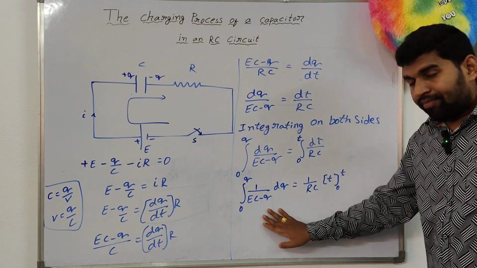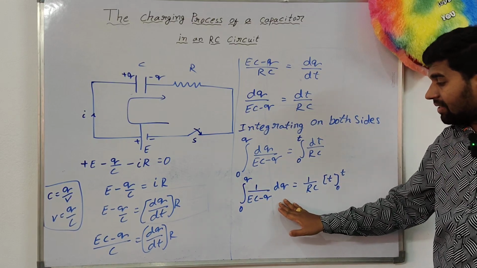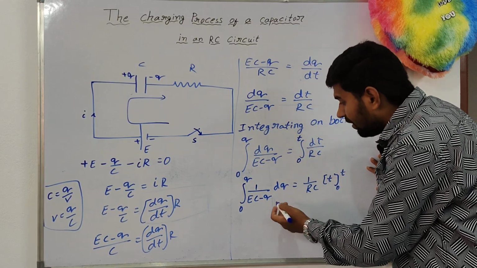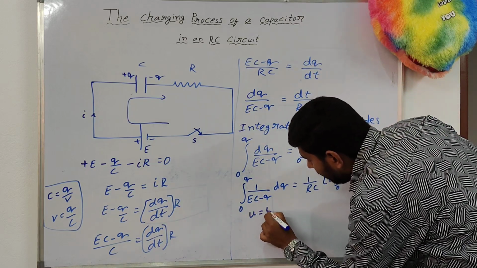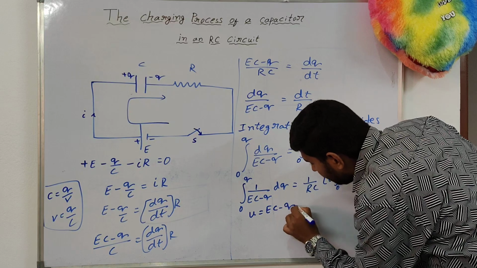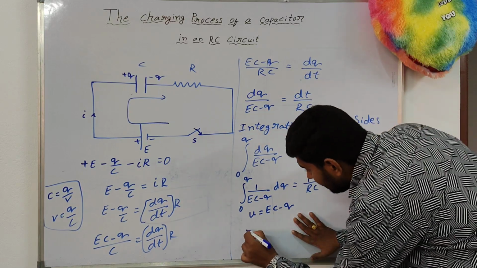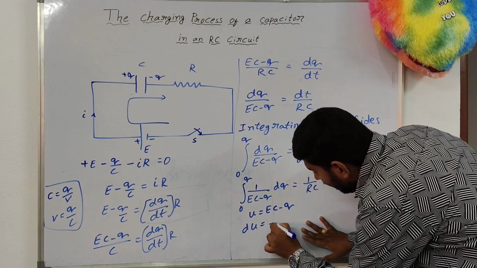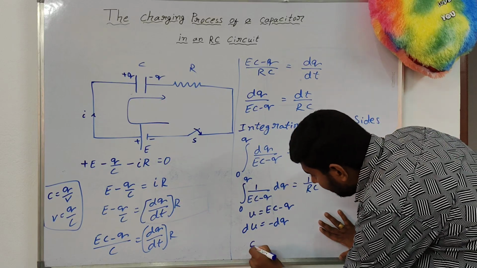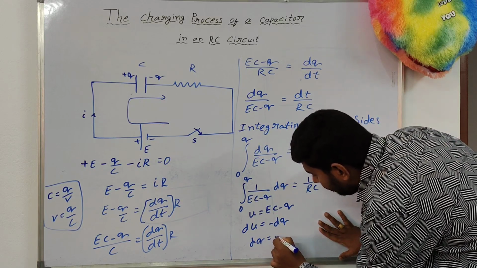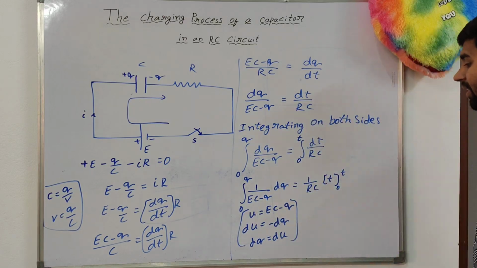If you observe, it is in the form of 1 by x dx, but it is in terms of q. First, I will assume u is equal to EC minus q. Remember, this is the substitution method, and from this du is equal to minus dq, and by using this dq is equal to minus du. I can use this method for integrating this one.